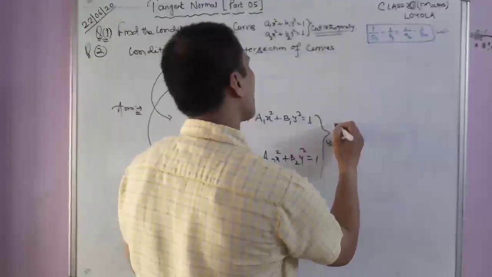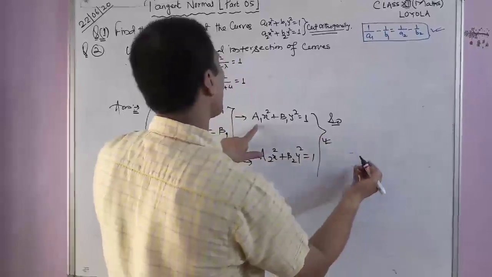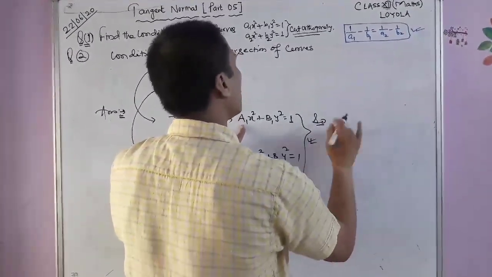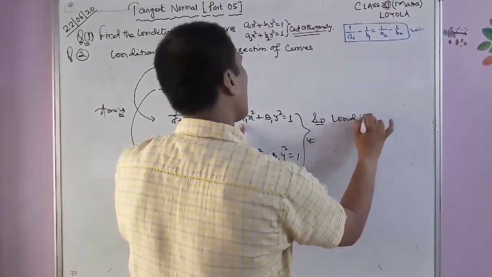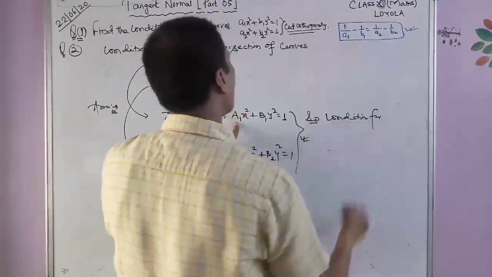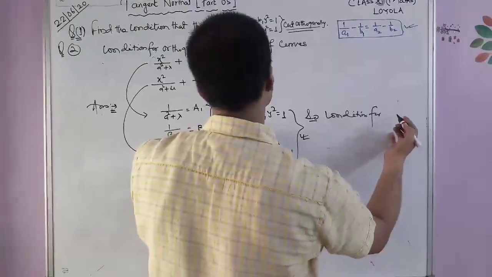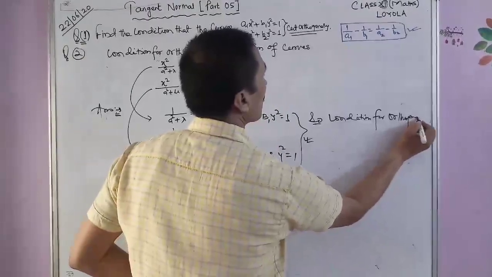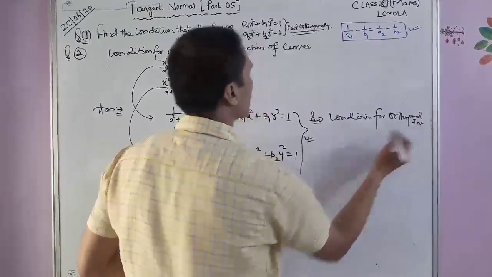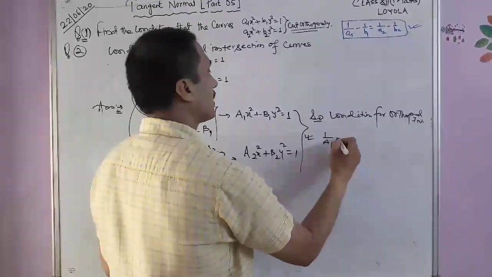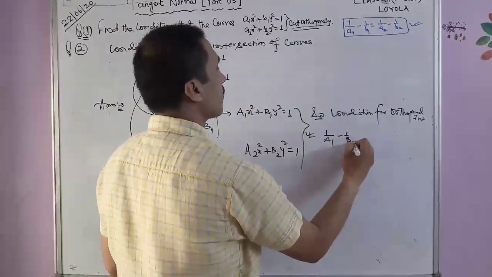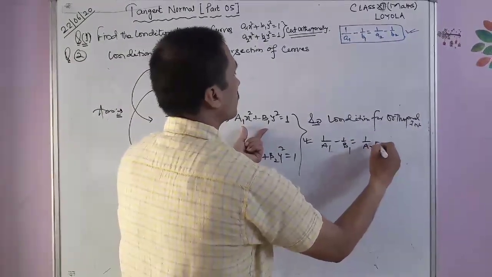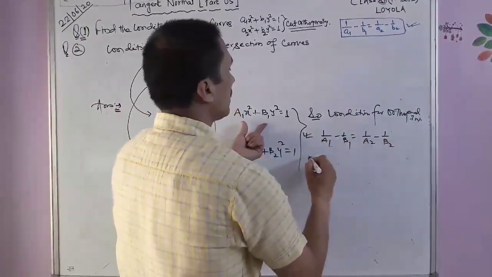So the condition for orthogonal intersection is 1 upon a1 minus 1 upon b1 equal to 1 upon a2 minus 1 upon b2.